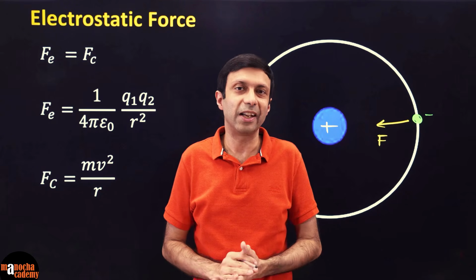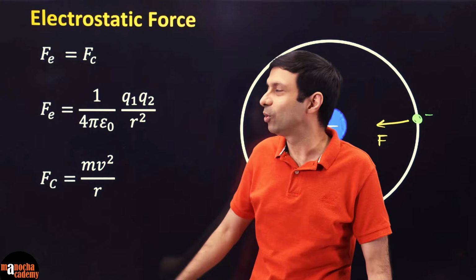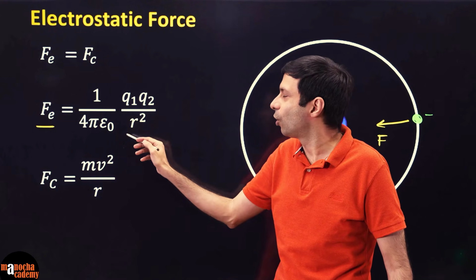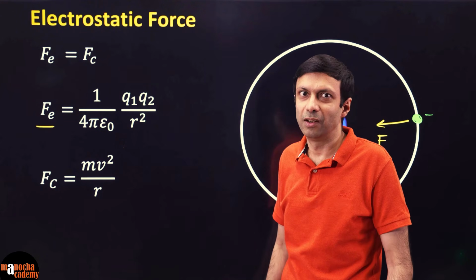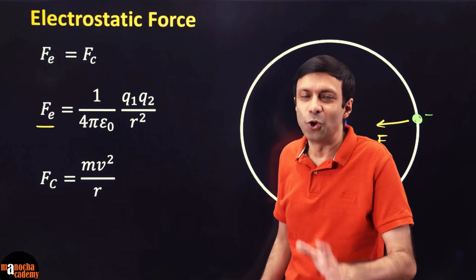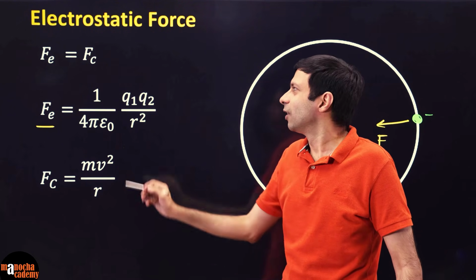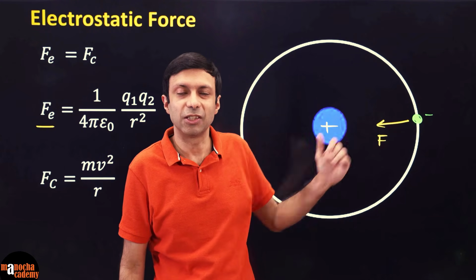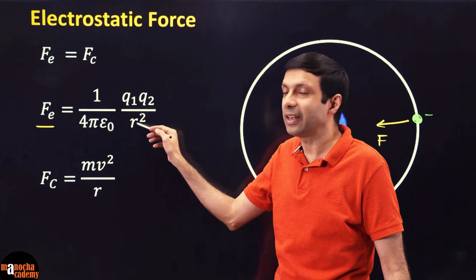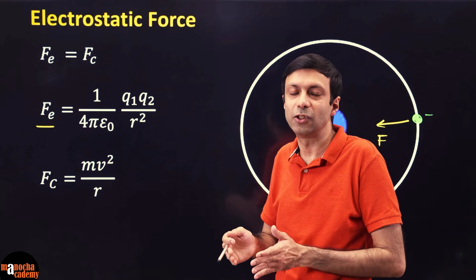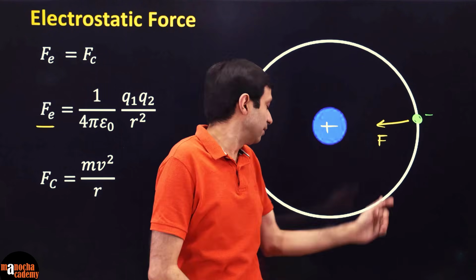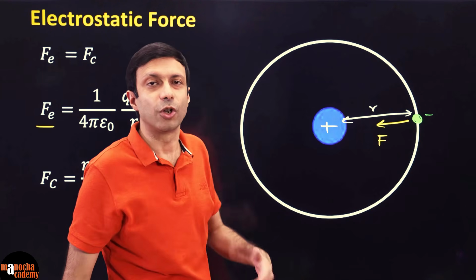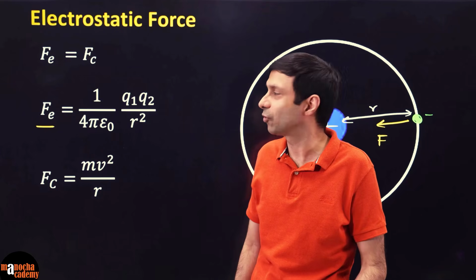Now, what is the formula of the electrostatic force? From physics, we know electrostatic force is 1 by 4 pi epsilon naught Q1 Q2 by R square. So lots of symbols over there. Don't be scared. I'll explain what they mean. Q1, Q2 are the charges. So here it's going to be the charge of the nucleus and the charge of the electron. R is the distance between the two charges, the radius of the orbit, or you can say the distance between the nucleus and the electron.